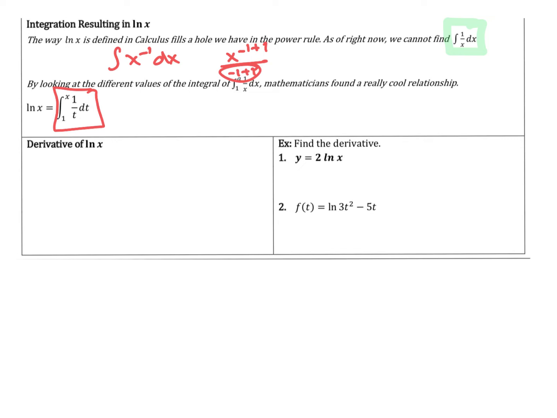And if you're curious about the proof of this, you can check out my BC video that talks about this. It is also called the 5.1 video in the BC videos, and I will actually show the proof of the derivative of natural log.